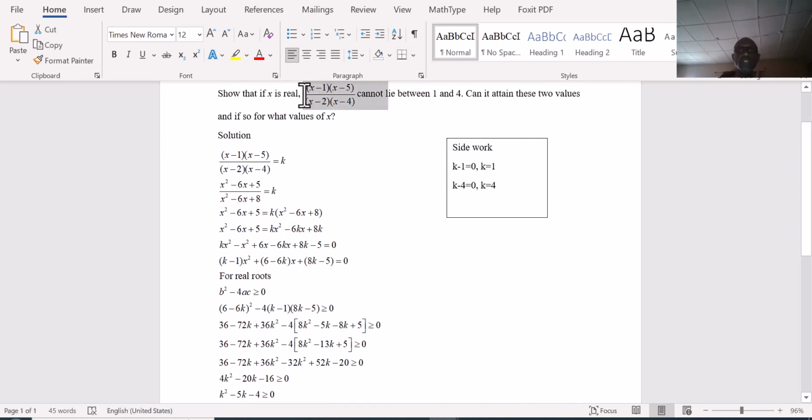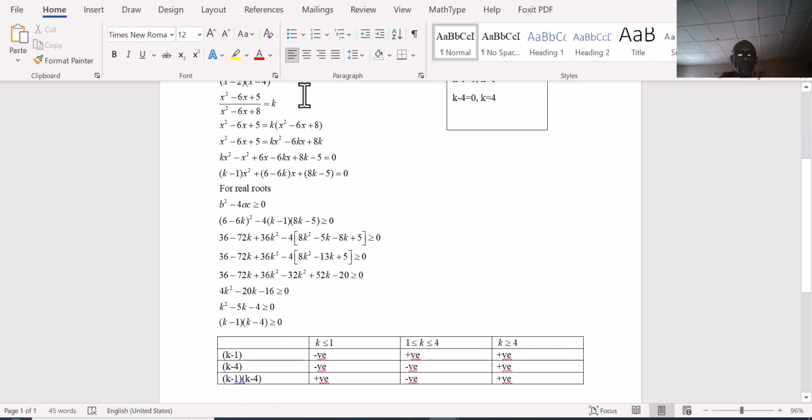From the table we can see that it cannot lie between those two values.